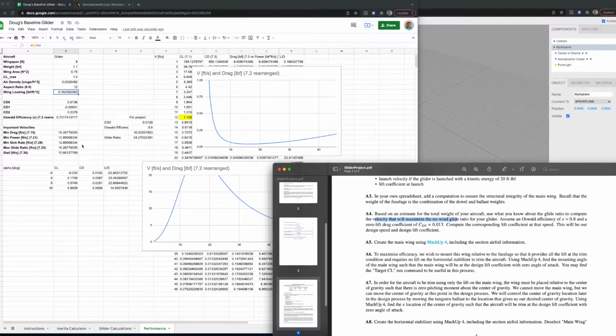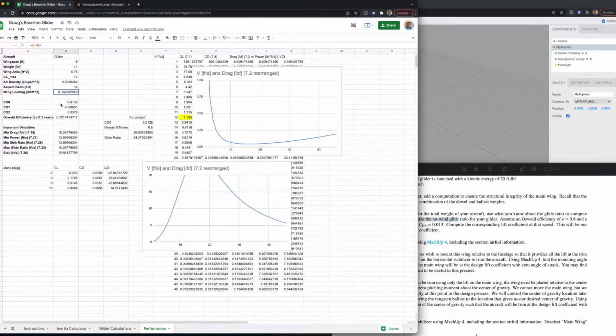Okay, so this is just an equation right out of the handbook, and you can find it in several textbooks. But basically, what I'm going to do is put in CD0 of 0.013 and CD1 of 0, and then an Oswald efficiency of 0.8. We've got to compute the CD2 off of that.